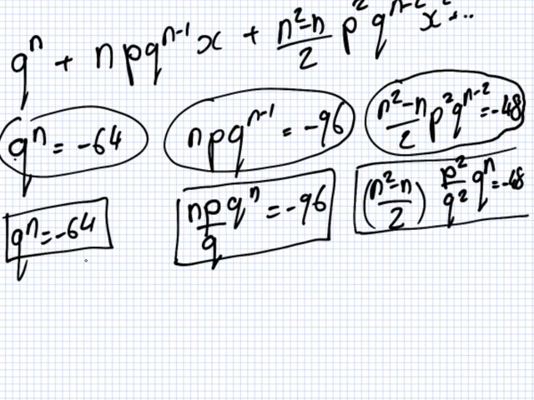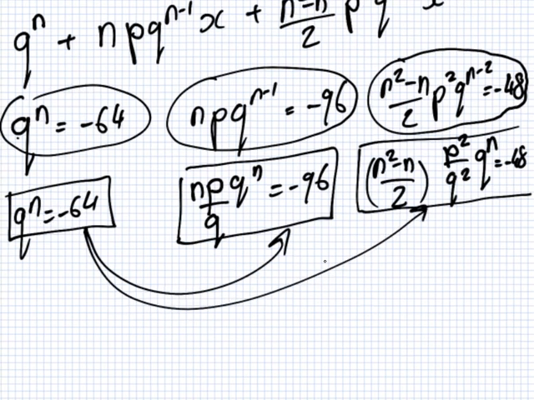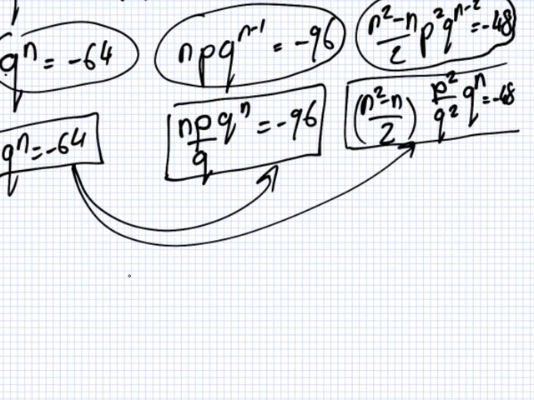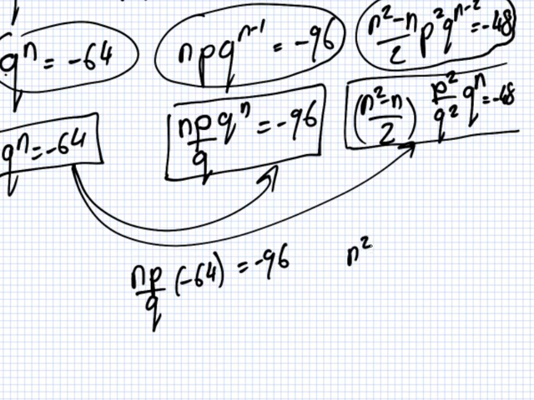Okay, so let's put this equation in here and in here. So we get np over q minus 64, because that's qn, equals minus 96. And then here we get n squared minus n over 2, p squared over q squared, minus 64 equals minus 48.